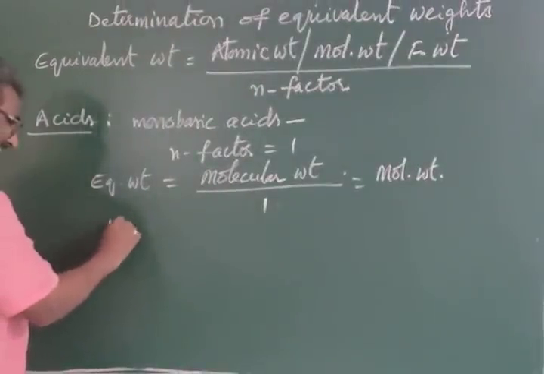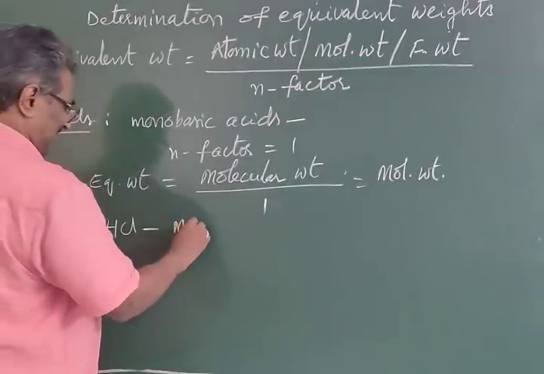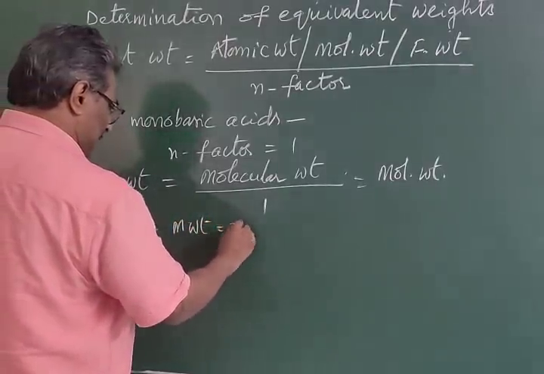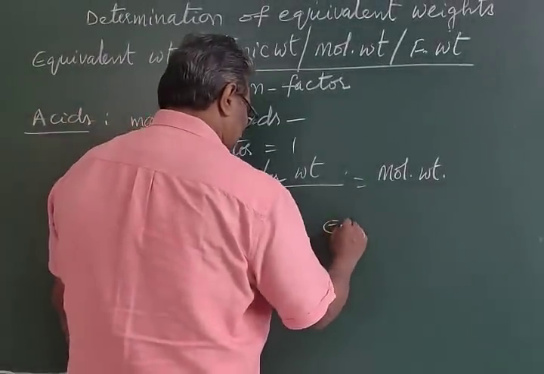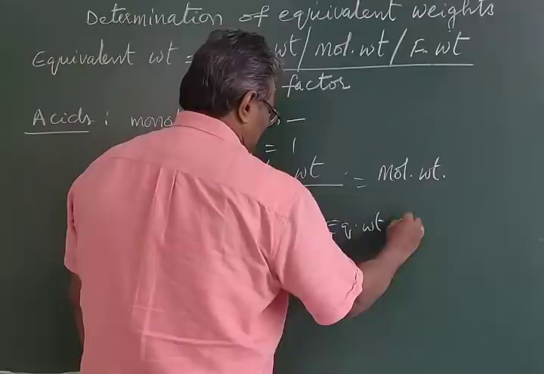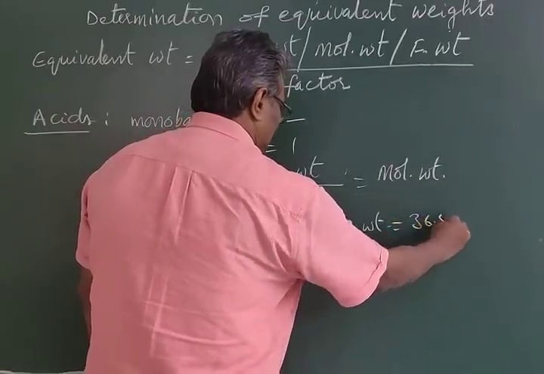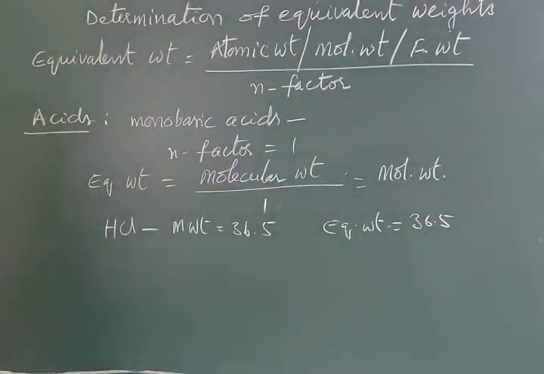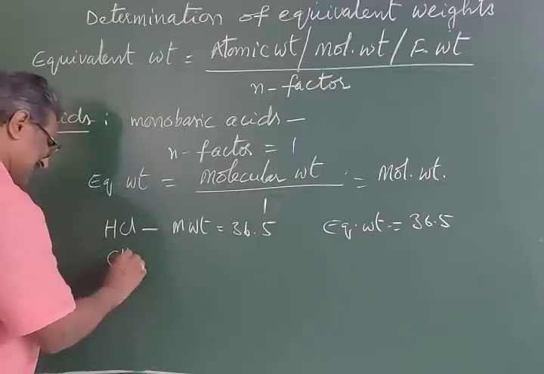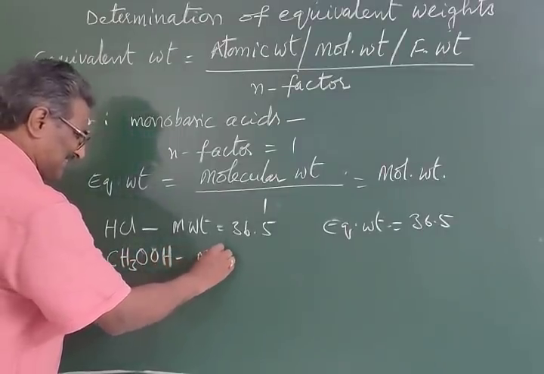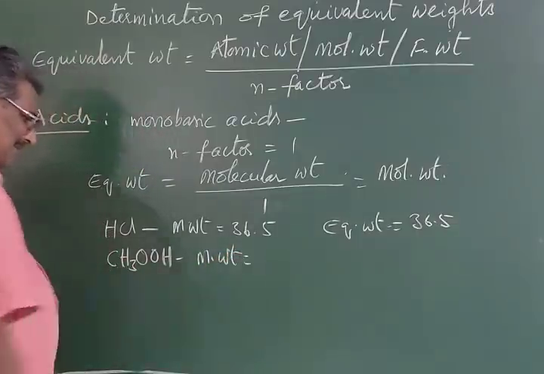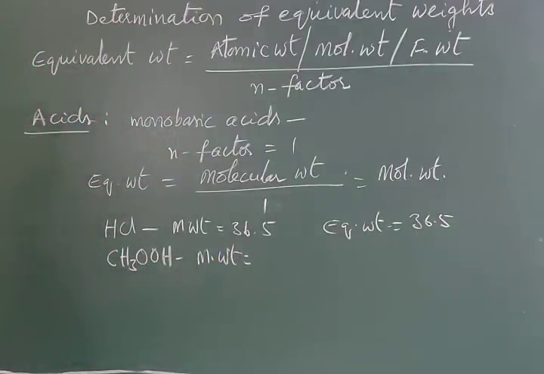For HCl, molecular weight is 36.5. Equivalent weight is also 36.5. For CH3COOH acetic acid, what is the molecular weight?